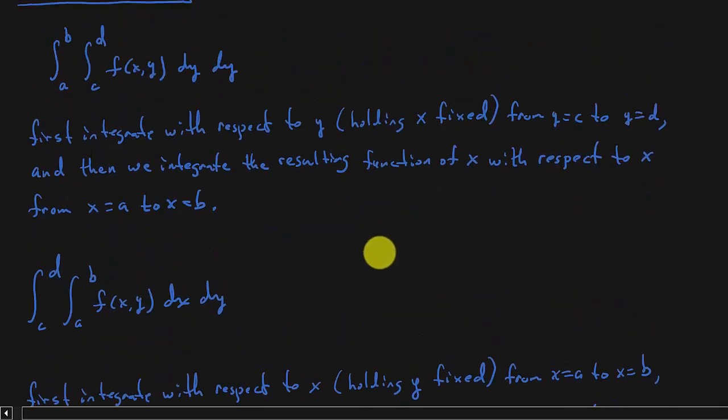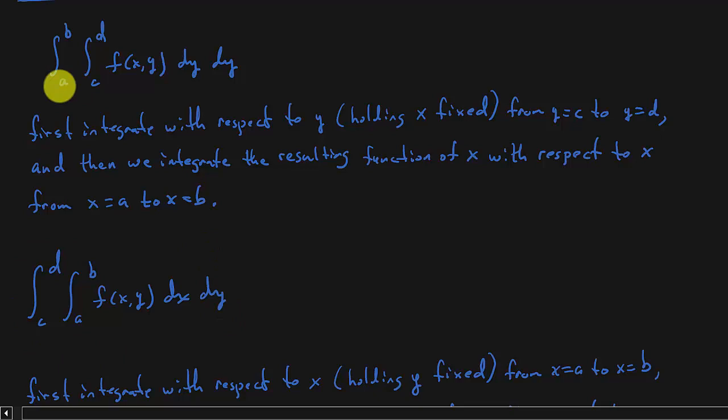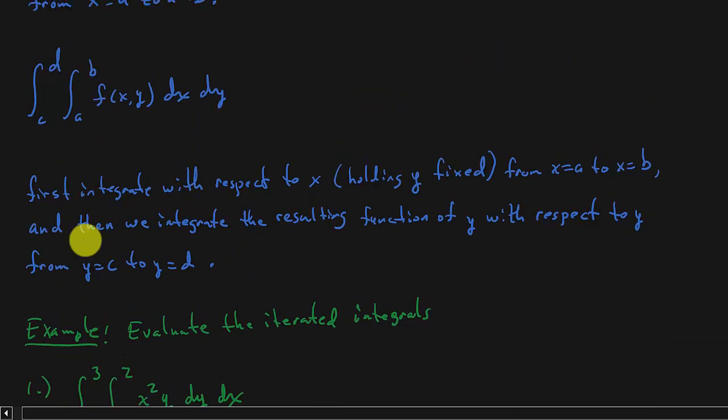And then you can see here, this is the same thing, except we're integrating with respect to x first, and then we're integrating with respect to y. First, integrate with respect to x, holding y fixed from x equals a to x equals b, and then integrate the resulting function of y with respect to y from y equals c to y equals d.